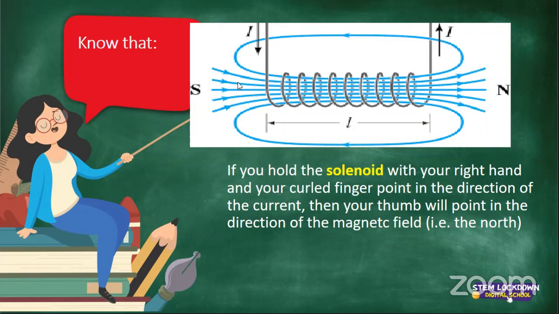That is the north of the magnetic field. So if your right hand curled fingers are pointing in the direction of the current, then your thumb will be pointing in the direction of the magnetic field, that is, in the direction of north.